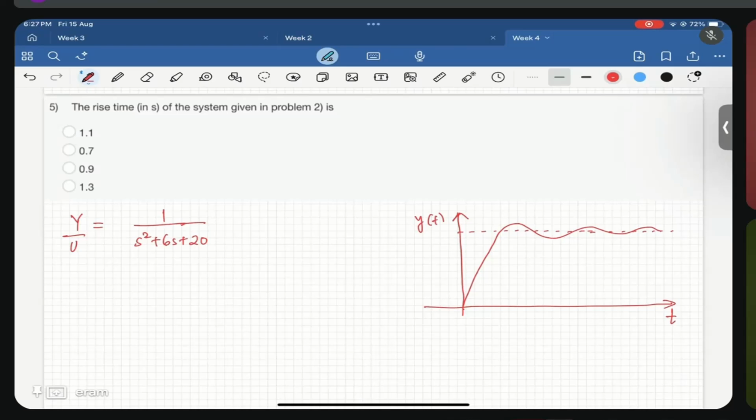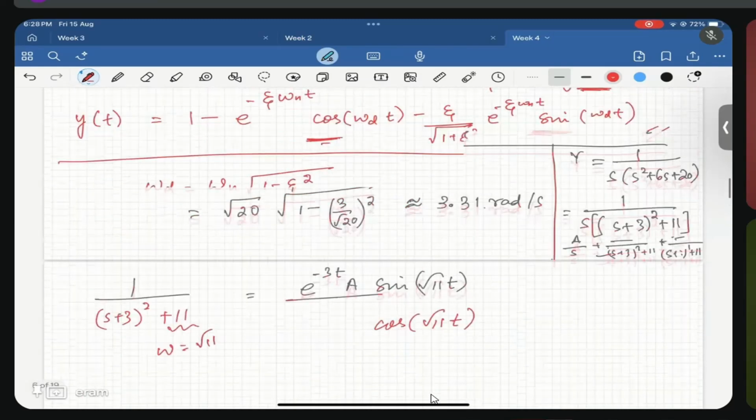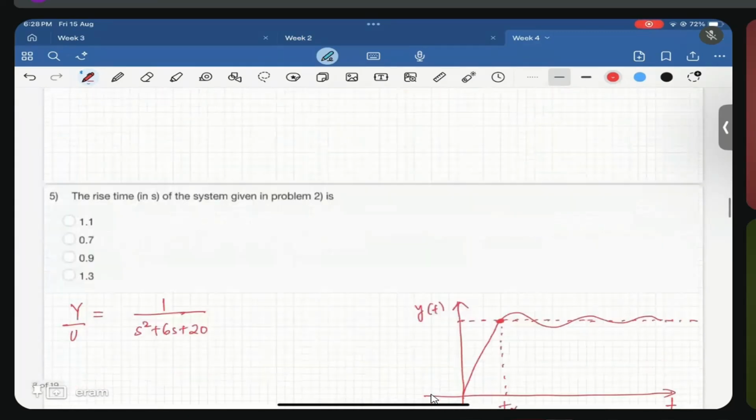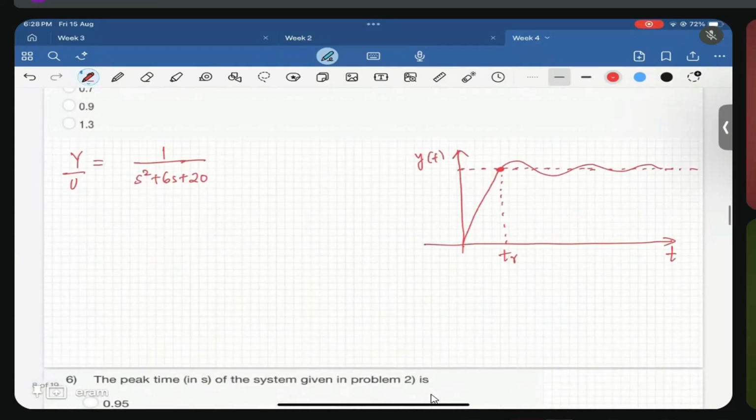Time to reach the steady state value for the first time. Yes, perfect. So the steady state value in this case is this dotted line. It reached the steady state value for the first time at time tr. So in the above solution, you can put y(t) equal to 1 and then you can calculate the time.